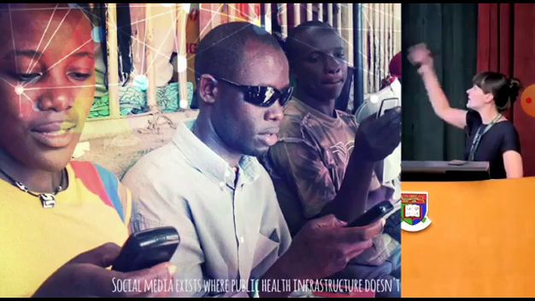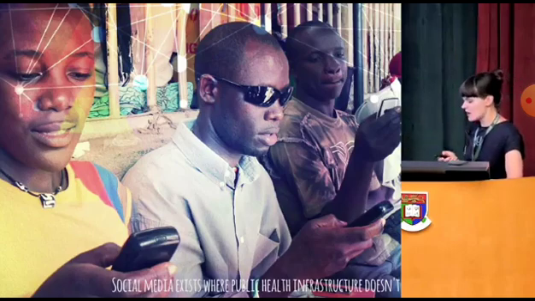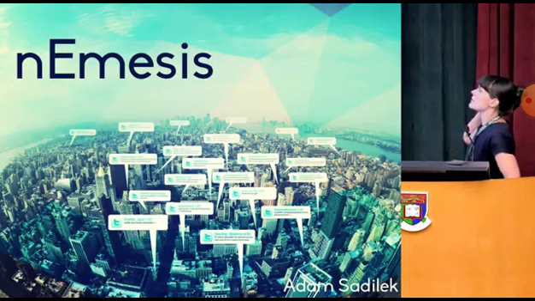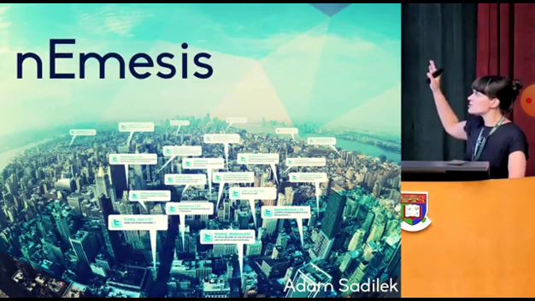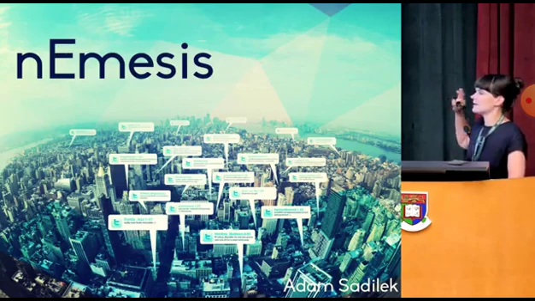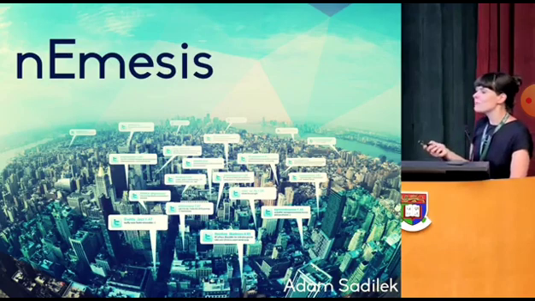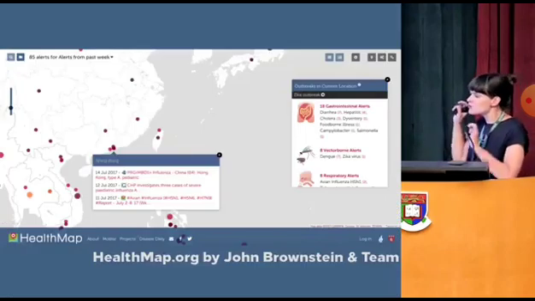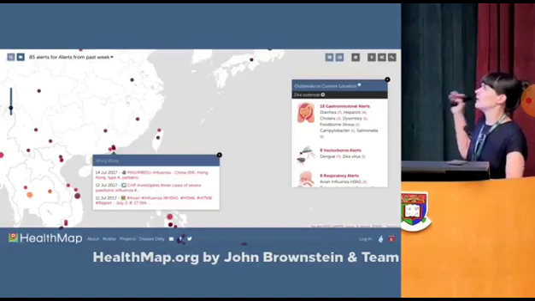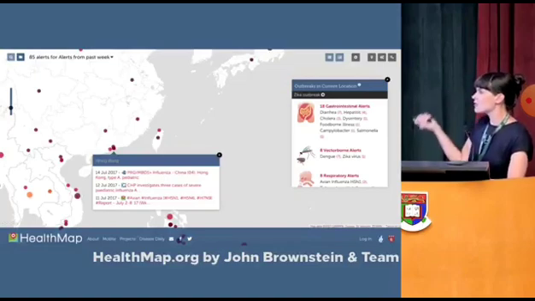If we can tap into these digital streams, whatever they are, we can get a better picture of disease events. Those might be really crazy digital streams. This is Adam Sadilek's Nemesis project, looking at Twitter for signs of foodborne illness. Super cool. Or they can be more traditional digital surveillance, but still incredibly powerful.